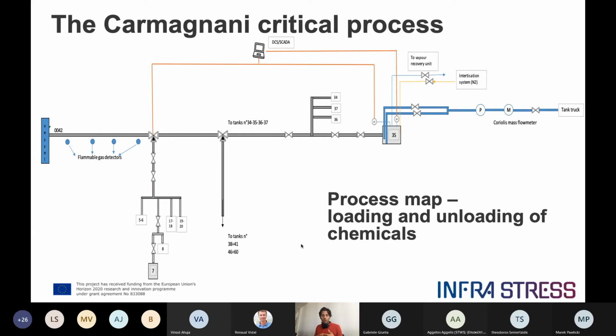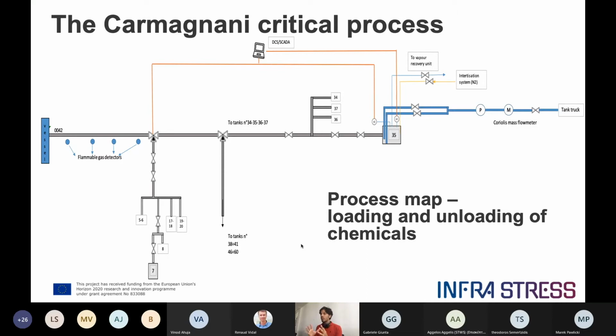Today, I am going to show you an attack that we conducted on our simulator with regard to a specific pilot of our project. The pilot that we are considering is the Carmagnani pilot, a chemical storage case study.